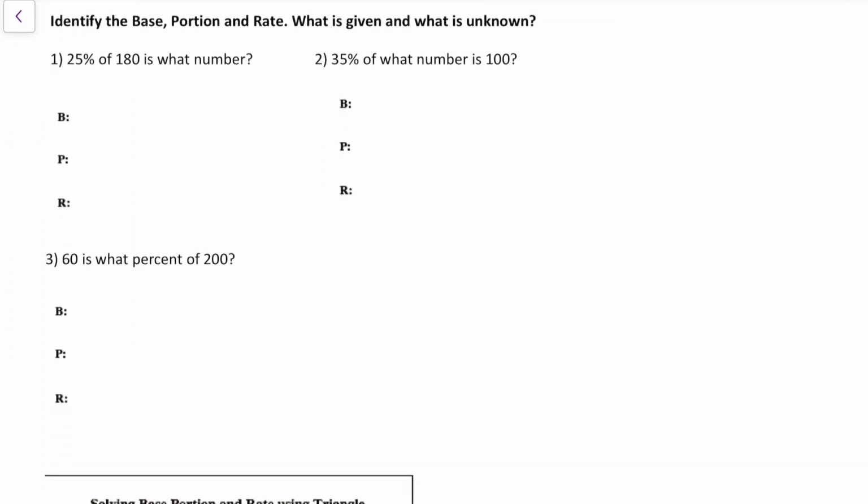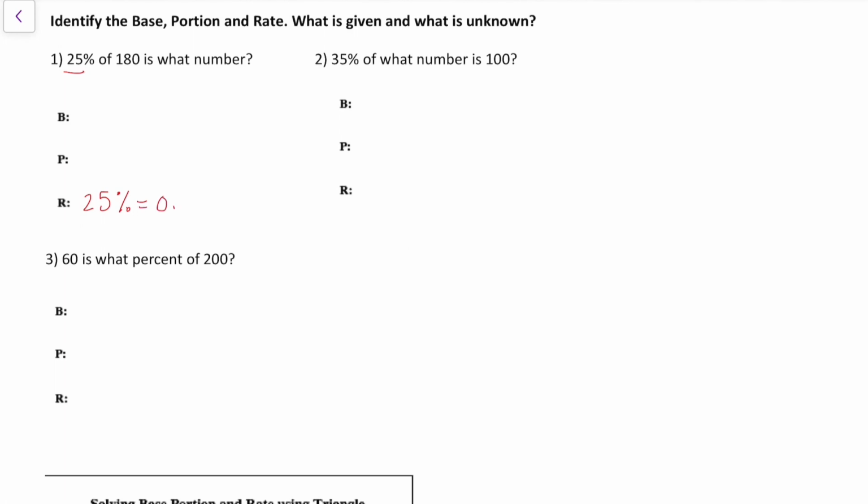So for example, if I said 25% of 180 is what number, the first thing that I like to do is find my rate because it's the quickest and easiest one to find. So my rate in this case is going to be 25%. Now when doing these percentage problems, we're going to use the rate as a decimal.